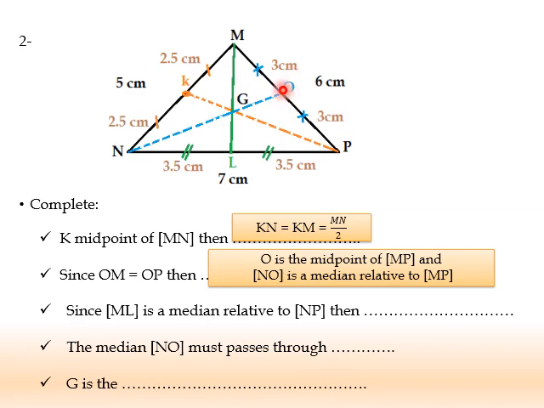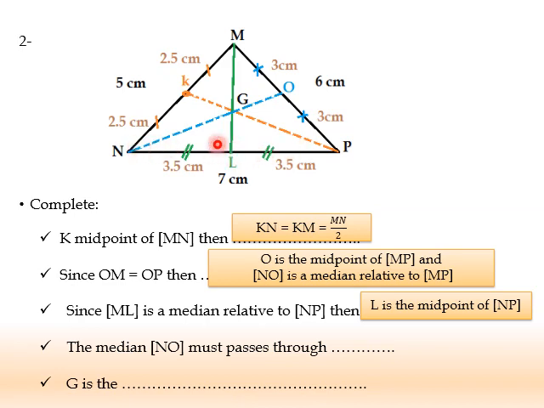Now, since O is the midpoint of MP, NO is a median relative to MP, since it's issued from a vertex to the midpoint of the opposite side. Now, since ML is a median relative to NP, what can I say?